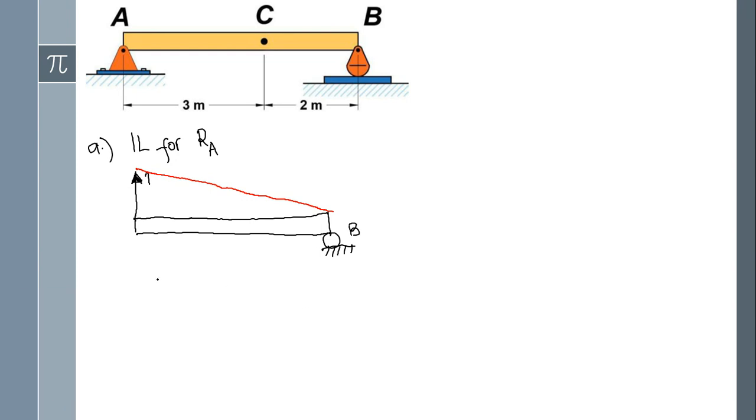So let's redraw the influence line for RA. We list 0, 1, 2, 3, 4, and 5.